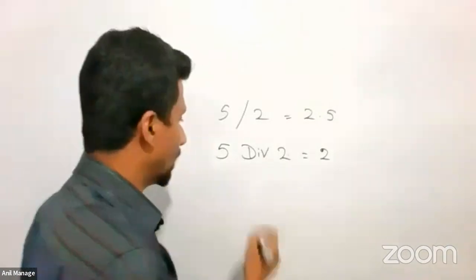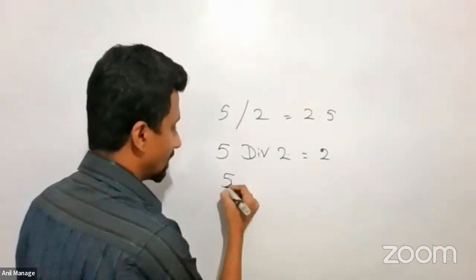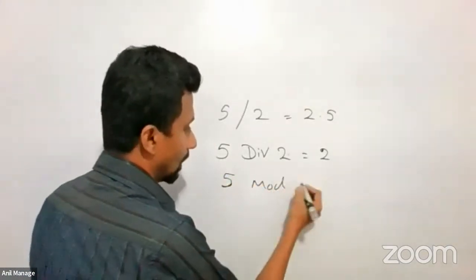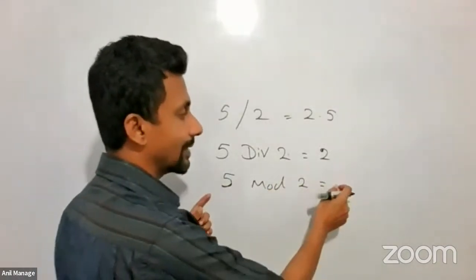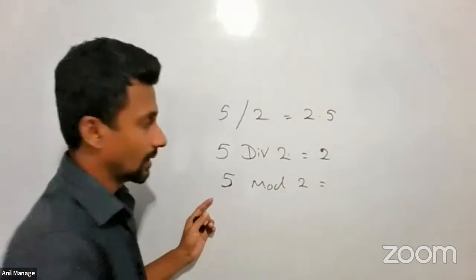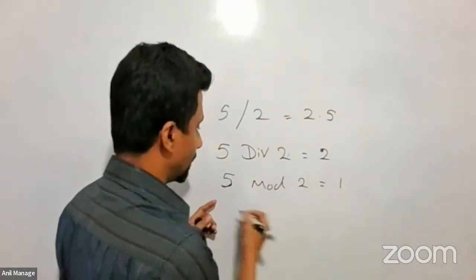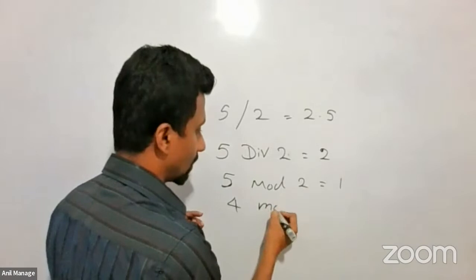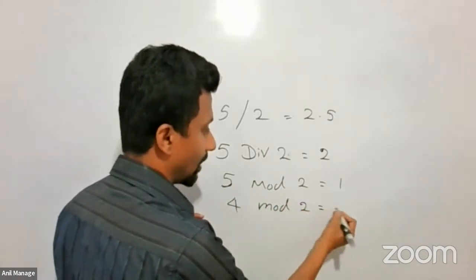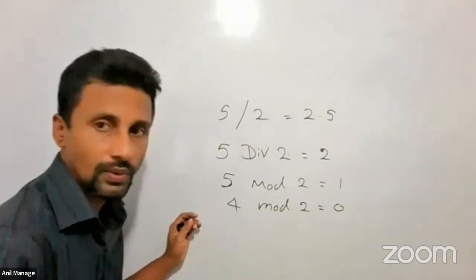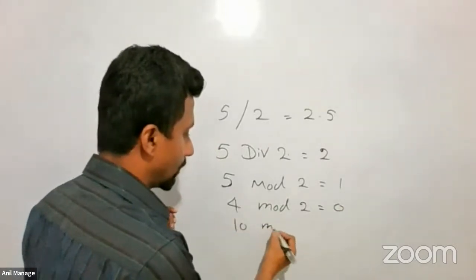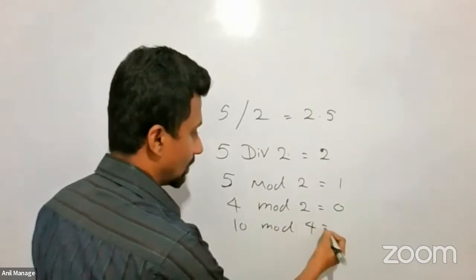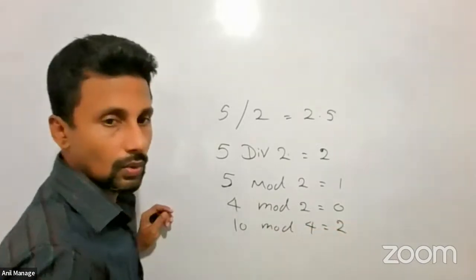Then there's another thing called mod. So in mod, what is happening? You are dividing the left side value by the right side value and giving the remaining value. So here you get remainder 1. 4 mod 2: 4 divided by 2, you don't have a remainder, your remainder will be 0. Right? Remainder is 0. 10 mod 4, the remainder is 2.